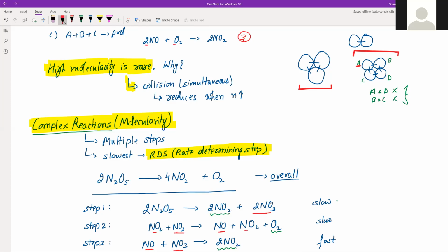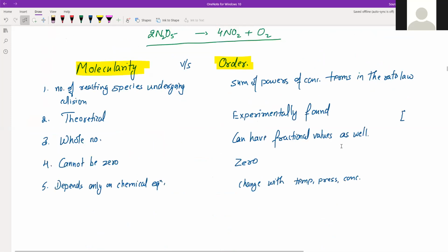So that's why the collision of 4 molecules is rare, and we say that molecularity 4 and above is rare. Rarely will 4 be possible, but beyond 4 it will be very, very rare. So that was about molecularity, and this was the comparison of molecularity versus order.